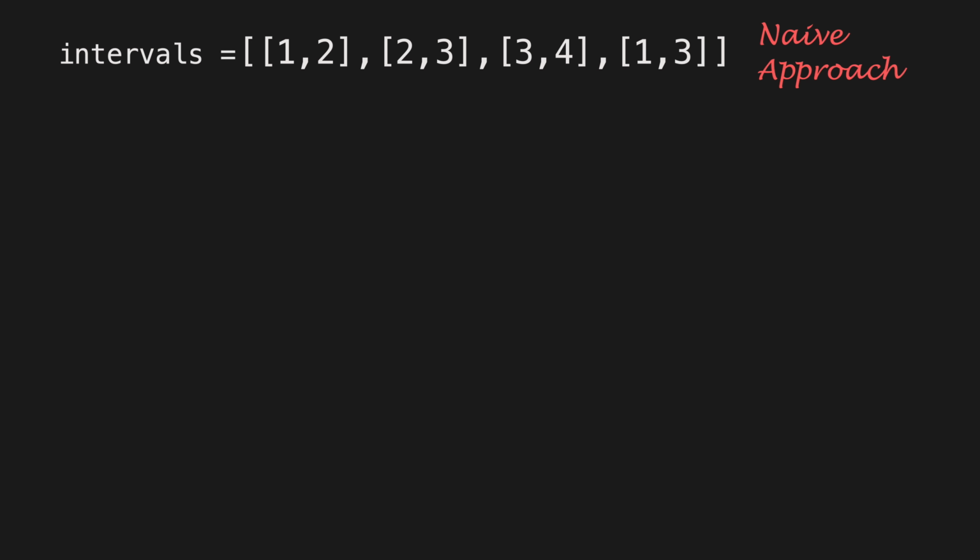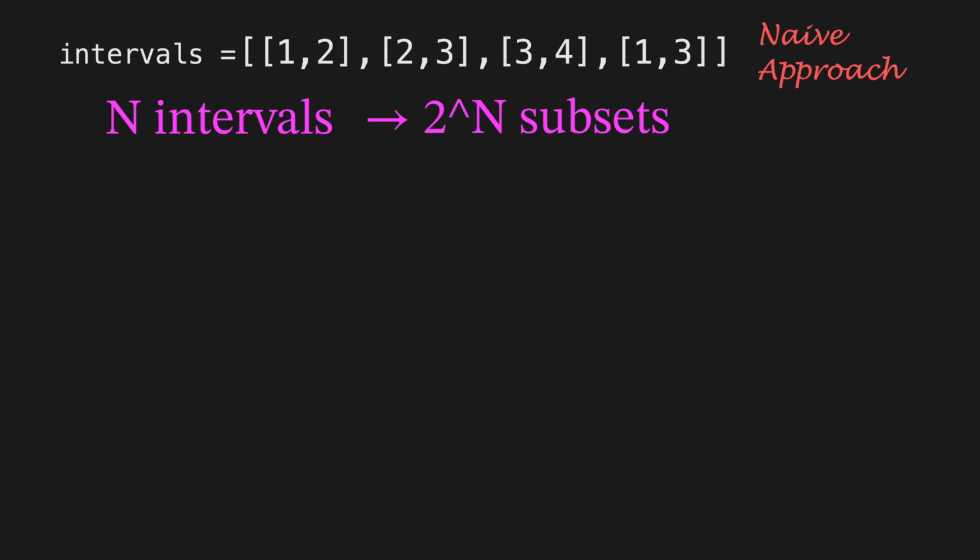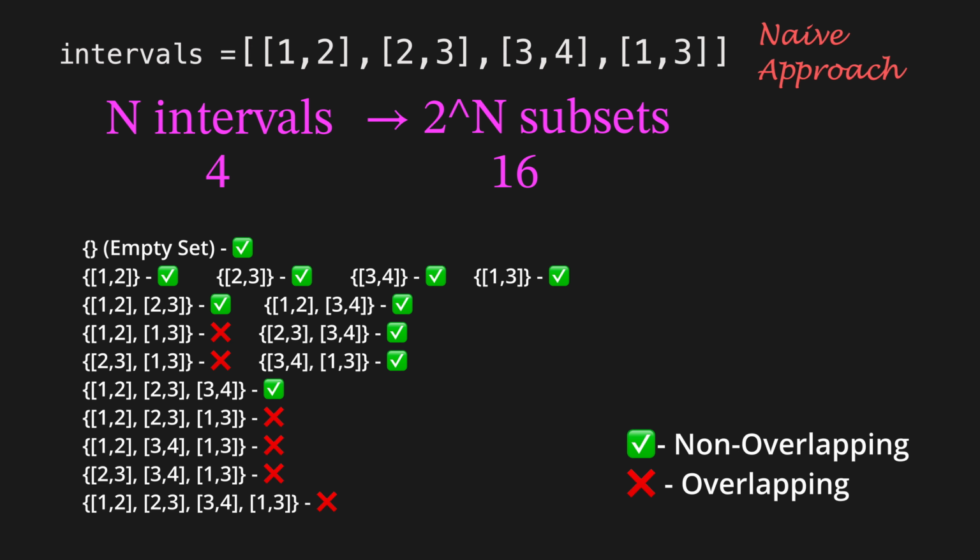Now, in terms of solution, a brute force or naive way would be to examine every possible combination of intervals. For n intervals, there are 2 to the power of n possible subsets. For our example with 4 intervals, that's 16 subsets.